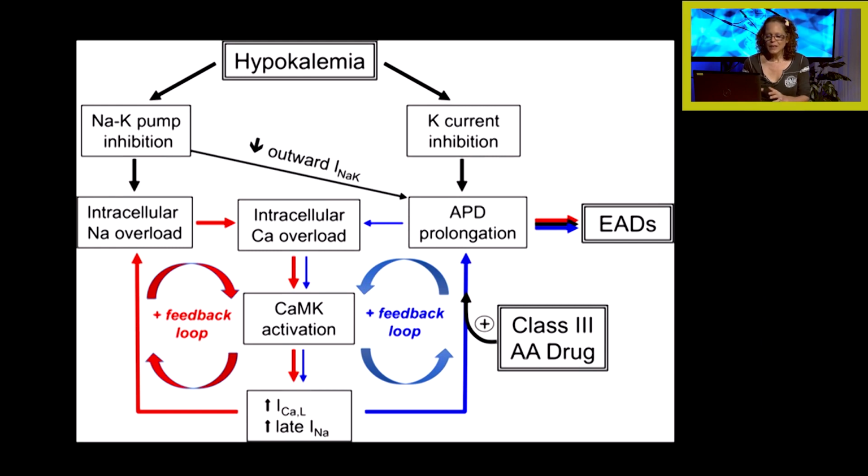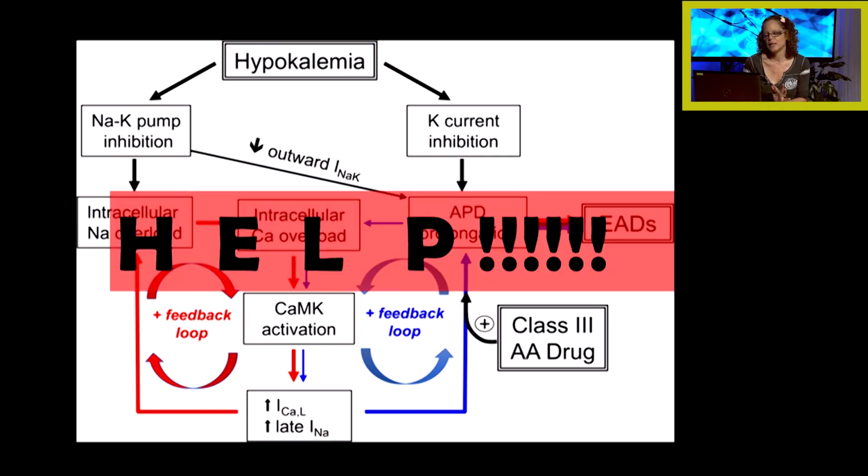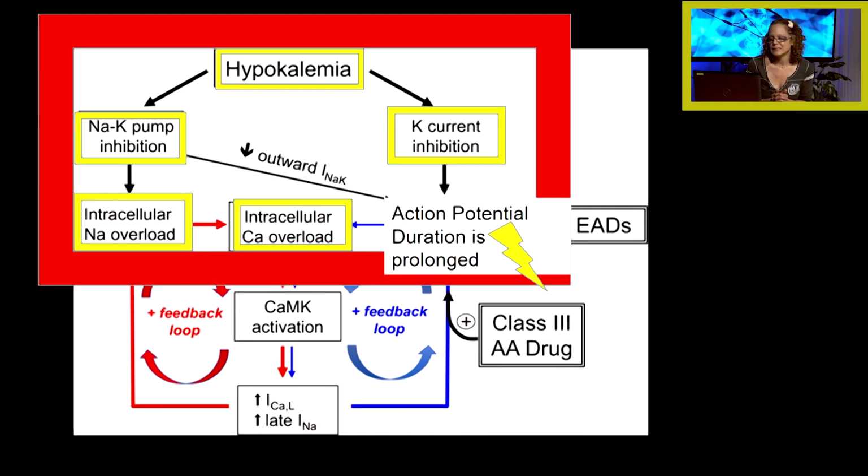We look at this schematic and go, okay, this is how hypokalemia ends up causing problems with cardiac rhythm. And it seems like too much, it's overwhelming. But if we really just focus in on this top part, we can see that when we're hypokalemic, our sodium-potassium pump is inhibited. We have intracellular sodium overload, intracellular calcium overload, all right?